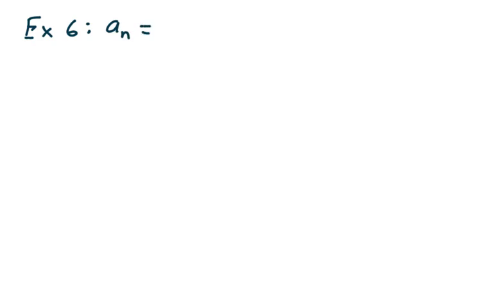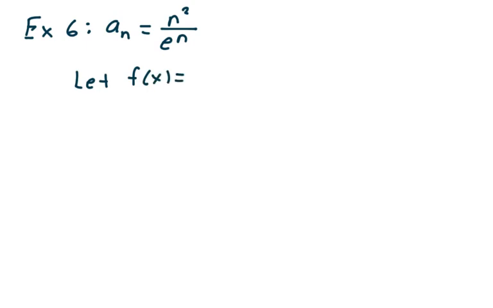A sub n is n squared divided by e to the n. And we want to know what's going on with that. Now, remember, we have to be careful. We can't apply L'Hopital's rule here.